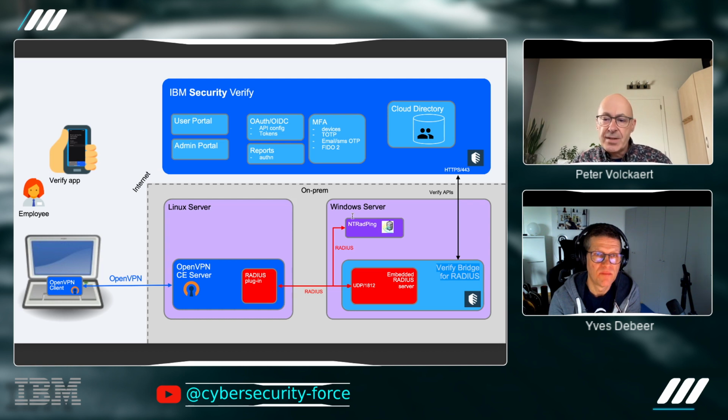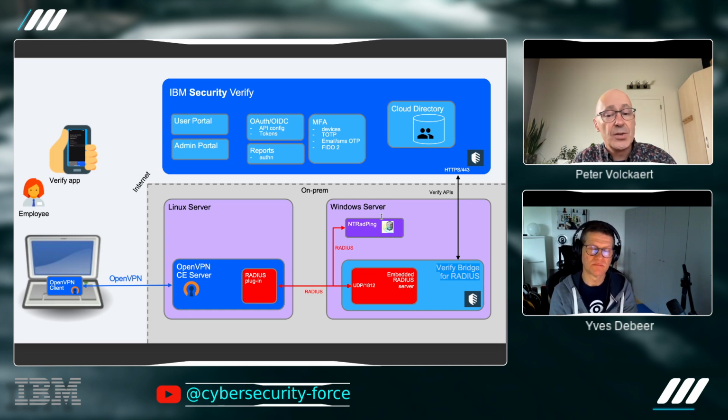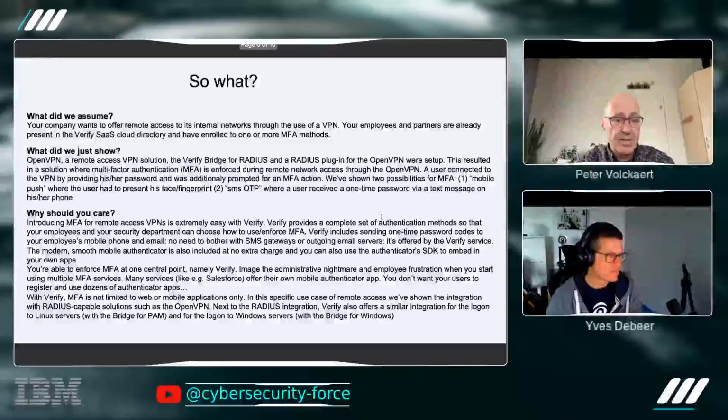And then you see this little purple box, which is anti-red ping, and that's a utility that we will be using to test our Verify bridge for RADIUS on the level of RADIUS, and it's a very convenient way, in fact, to check everything is okay before actually doing an integration with the VPN server. And that kind of summarizes the technical setup that we've provided.